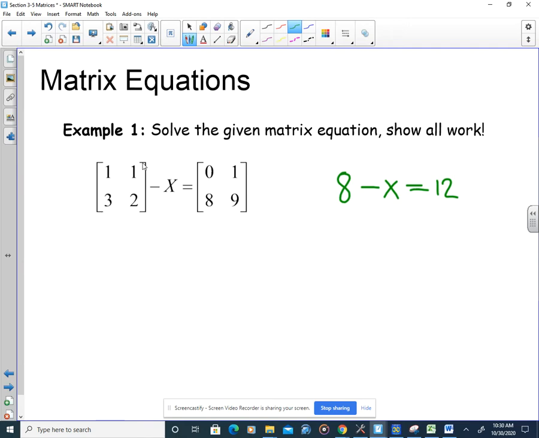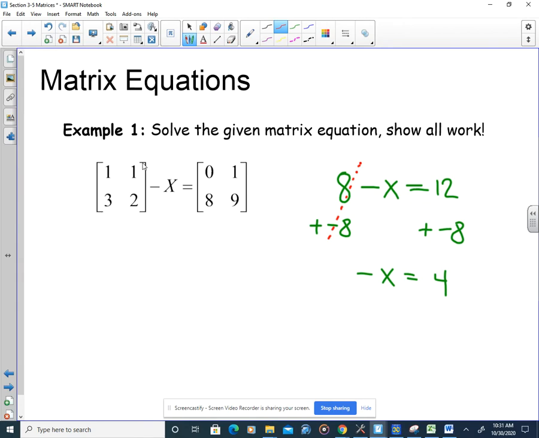To solve the green equation, if we want to use addition, we could add -8 to both sides. And then 8 plus -8 cancels out. We get -x is equal to 12 minus 8, which is 4. Now the next step, if I can only use addition and multiplication, I want to get the x by itself.